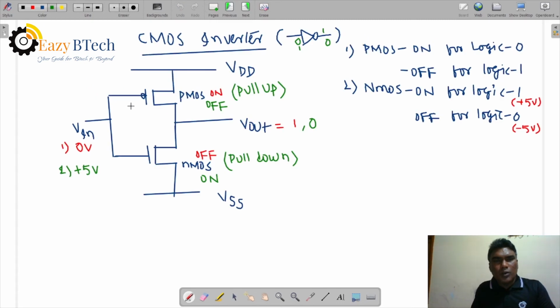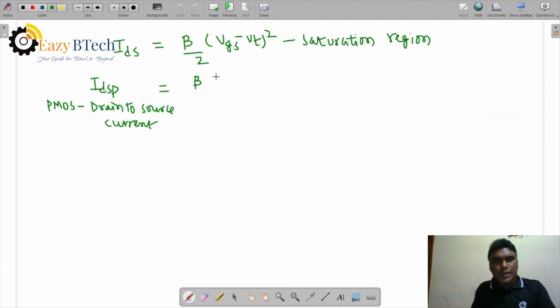VGS means how many inputs are there? Vin and VDD. Here two inputs are connected, one from VDD and one from Vin. So VGS is nothing but Vin minus VDD minus the threshold voltage VT of the PMOS transistor, whole square by 2. So this is the drain to source current of the PMOS transistor.